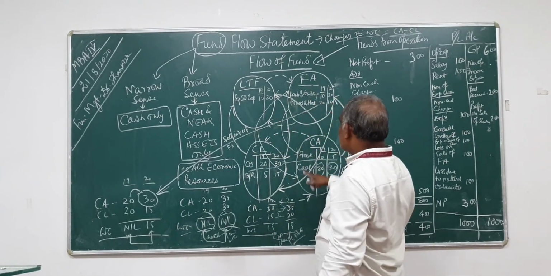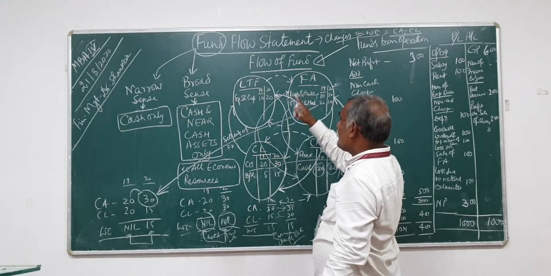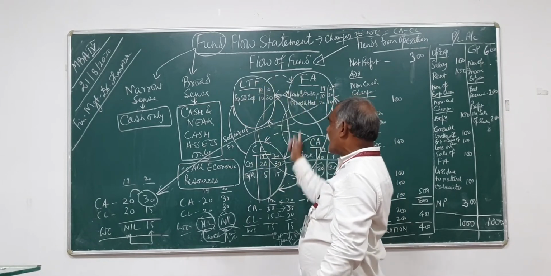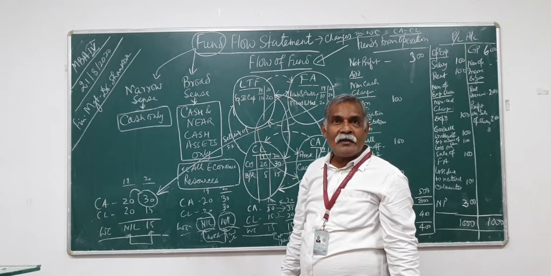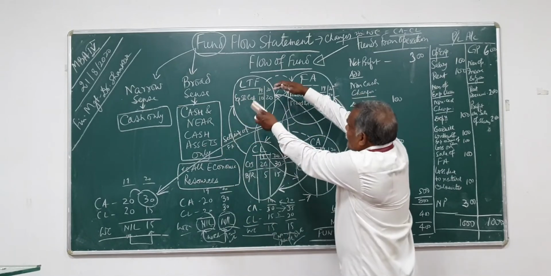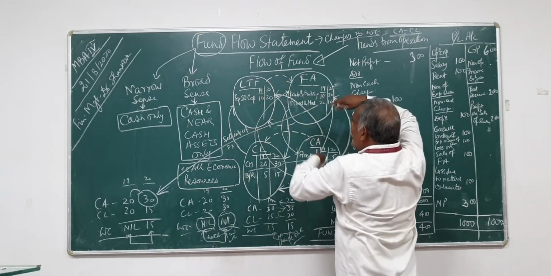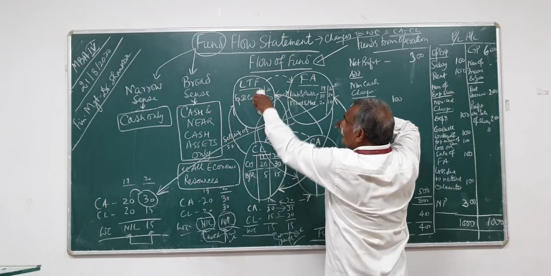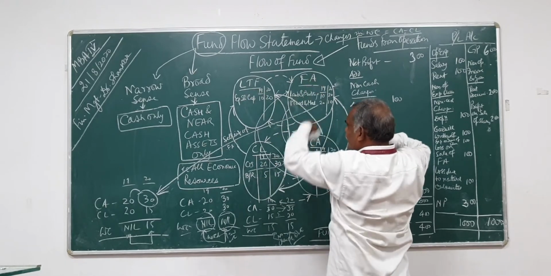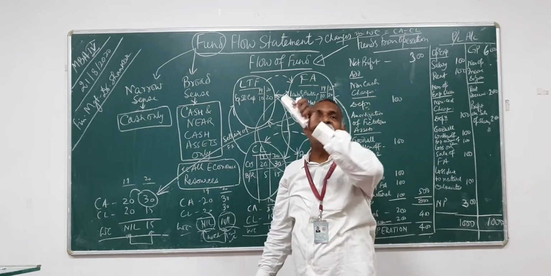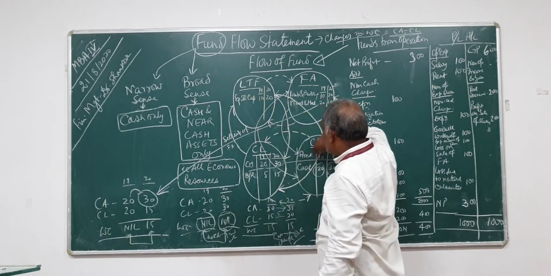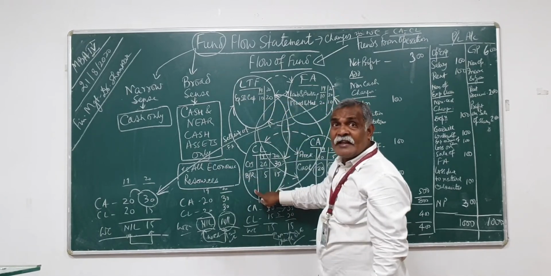Either fixed asset to current asset, or current asset to fixed asset, or current liabilities to long-term fund, or long-term fund to current liabilities. Or diagonal: long-term fund to current assets, or current assets to long-term fund, or current liabilities to fixed assets, or fixed assets to current liabilities. Again there is change. Why? Because the transaction is in between these.